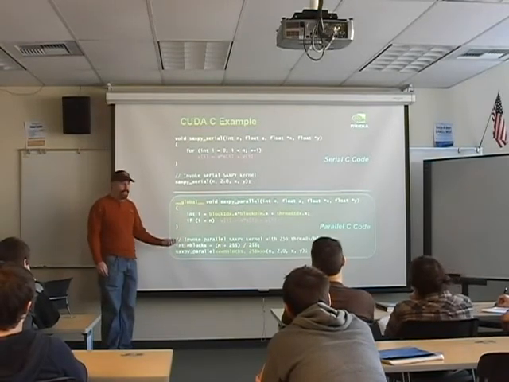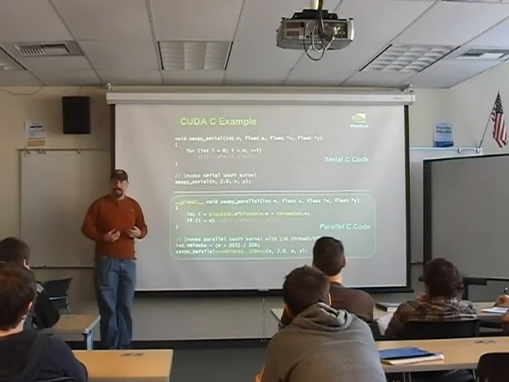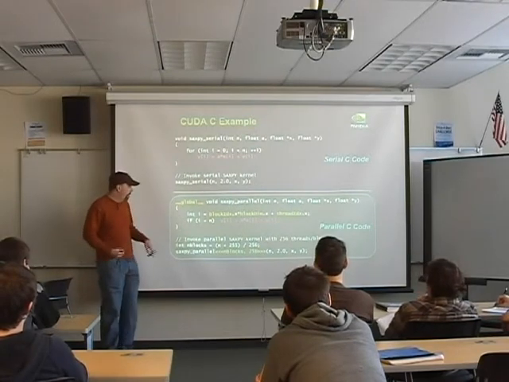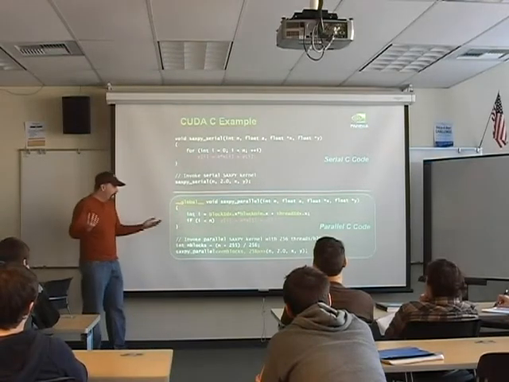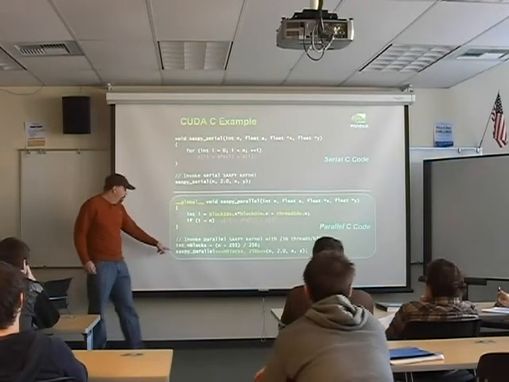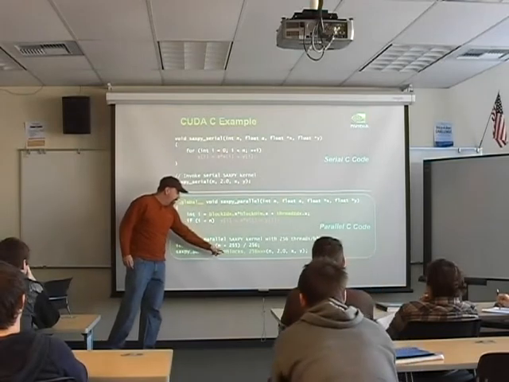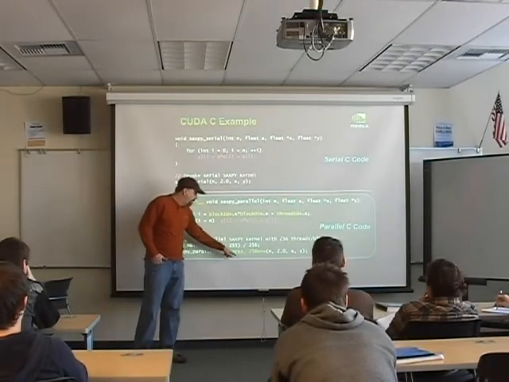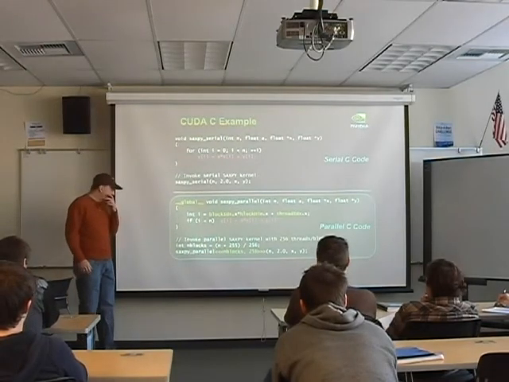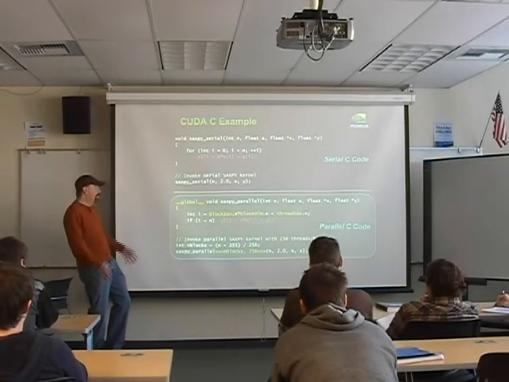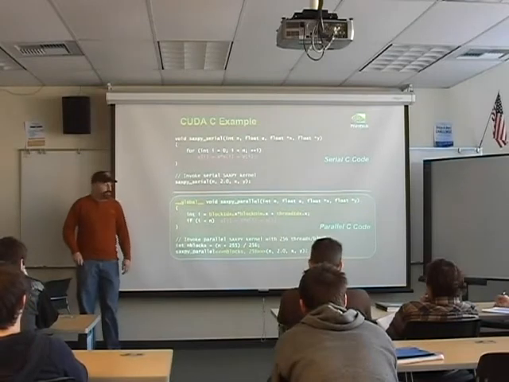And then once I know who I am, that tells me what work I'm going to take, what my part in this computation is going to be. I do some small part of that and return. And then down below, when you launch it, you basically say, I want to run this number of blocks with this number of total threads, and there we go. That's basically it.